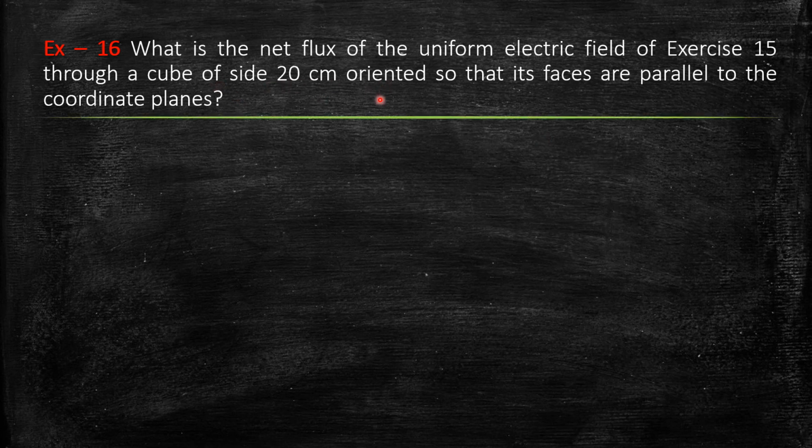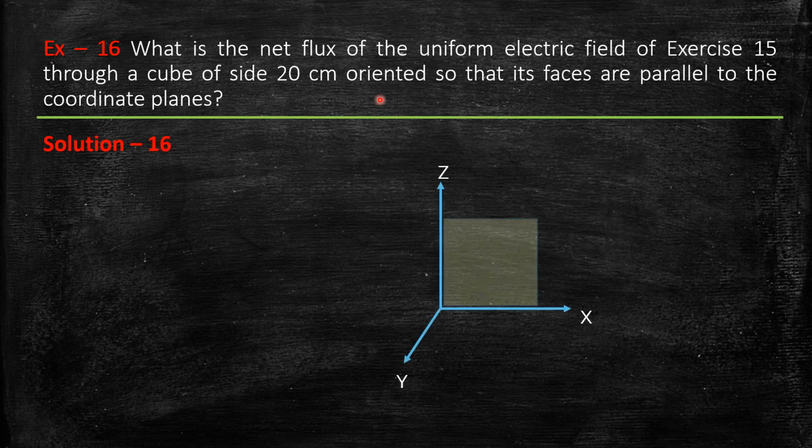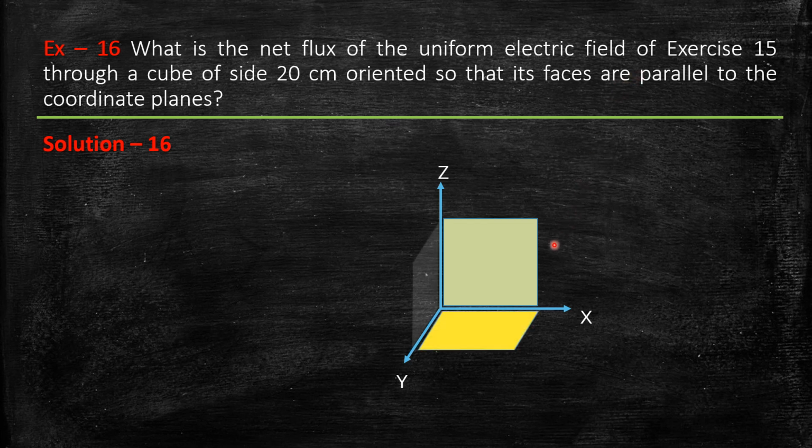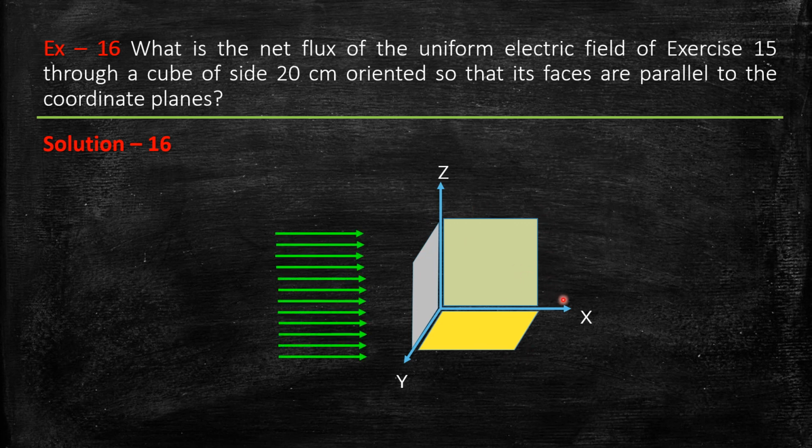Now what happens when we place the cube? This is my first surface xz, second surface xy, third surface yz, and now to make a cube, I need to add 3 more surfaces. This is the electric field, and this is the first surface opposite to it, the second one on top, and the third one here.